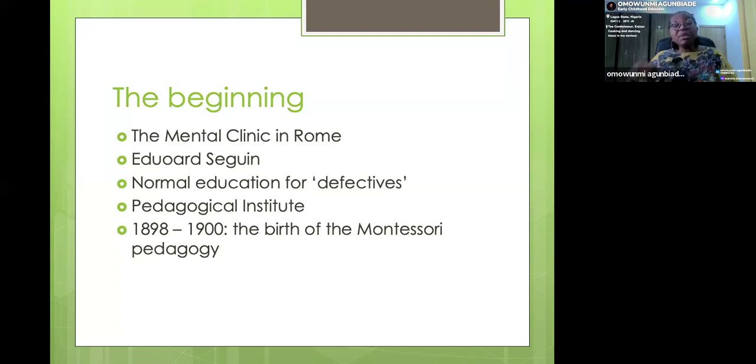In this way, she became very interested in what we now call special needs children, but then they used to call them idiot children. So her desire to know more about the child, she was working in that mental clinic as an assistant doctor, still in training.